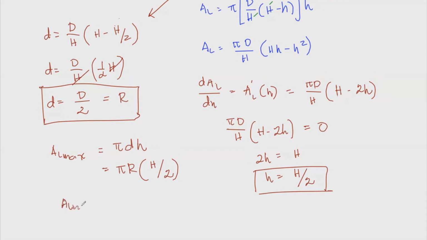So we could have any lateral surface area of a cylinder with respect to the cone that is circumscribing it. That is simply pi r H over 2. So this is the maximum lateral area.